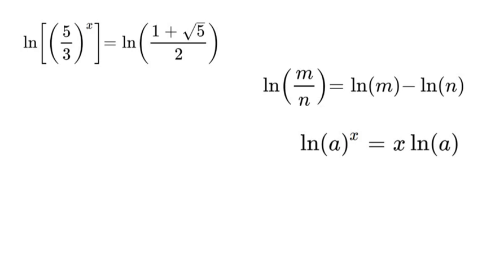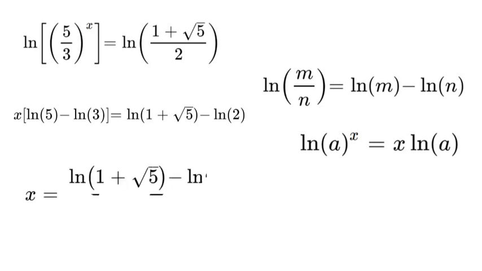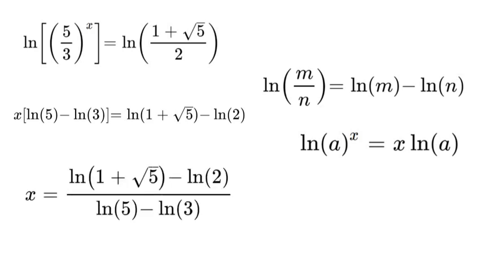So if we did that with our equation, we would have x times the natural log of 5 minus natural log of 3 is equal to natural log of 1 plus square root of 5 minus natural log of 2. Now in order to solve for x, we just need to divide by the natural log of 5 minus natural log of 3. And we would be left with natural log of 1 plus square root of 5 minus natural log of 2 over natural log of 5 minus natural log of 3.